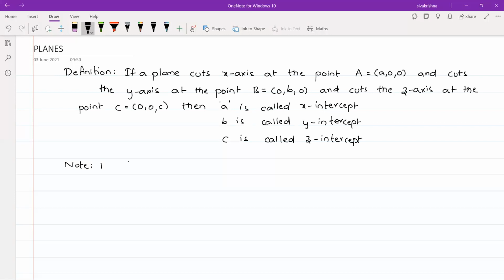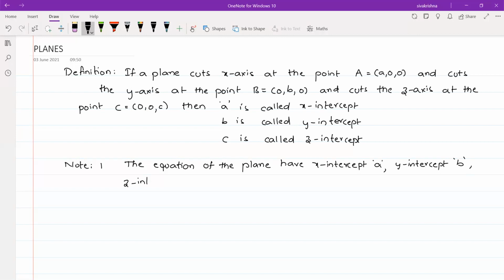Note point 1: the equation of the plane having x-intercept small a, y-intercept small b, z-intercept small c is x by a plus y by b plus z by c is equal to 1.